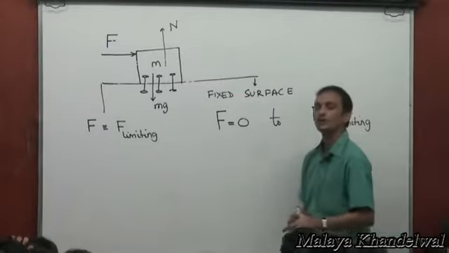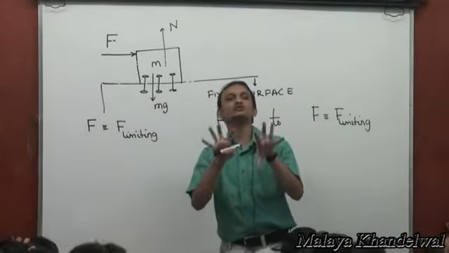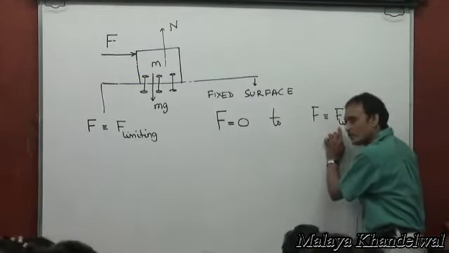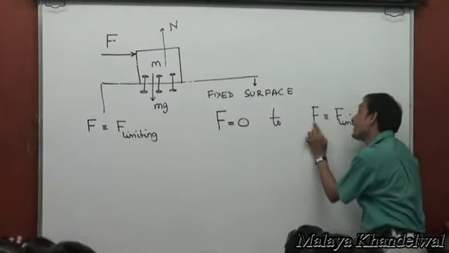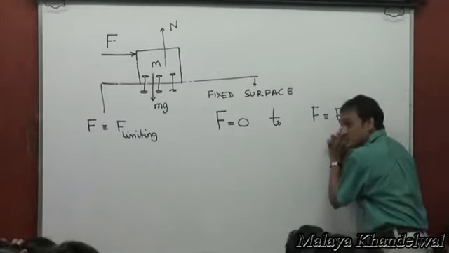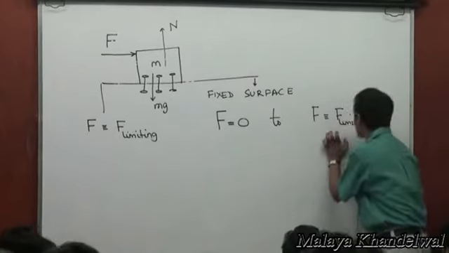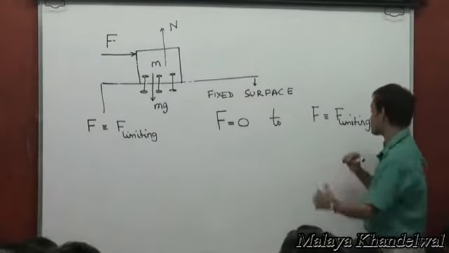But like I said, the pins begin to rupture. The moment the value of the applied force exceeds a certain value, this limiting F could be, for example, 10 Newtons.